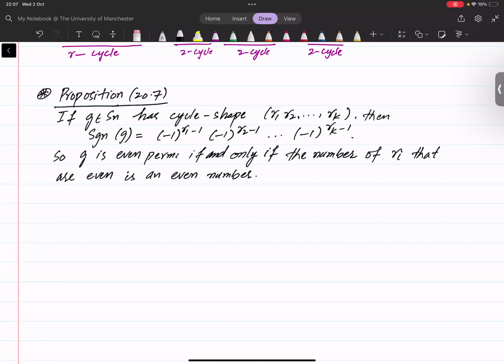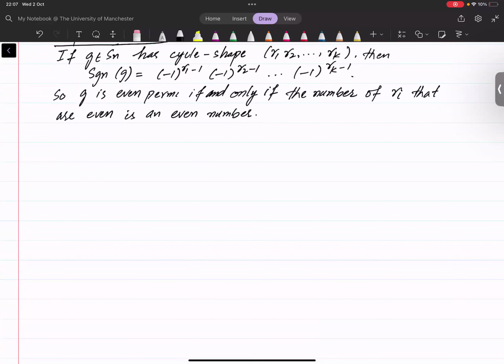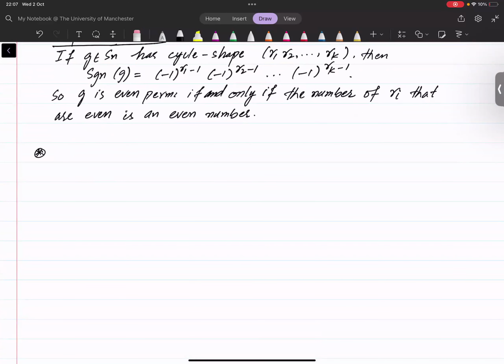And I'm going to explain it more in the example. So let's talk about it.